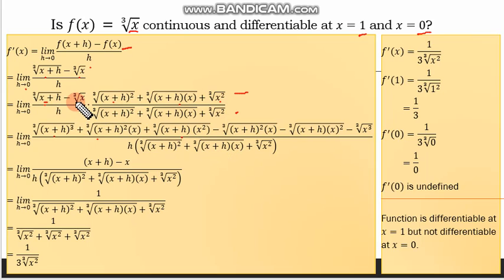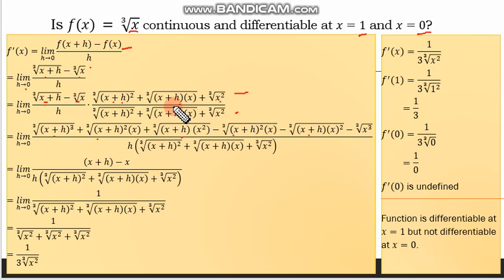Next, the second term, negative cube root of x times the cube root of x plus h squared is equal to negative cube root of x plus h squared times x. Negative cube root of x times the cube root of x plus h times x, that's negative cube root of x plus h times x squared.